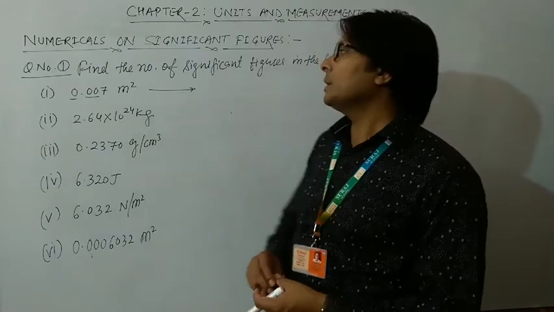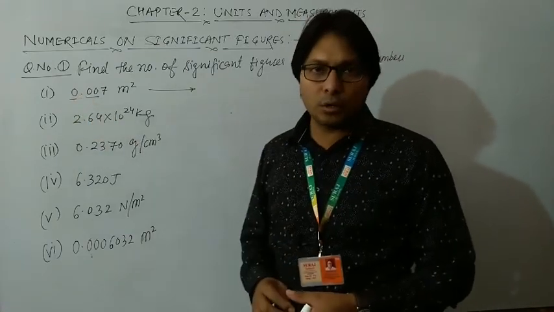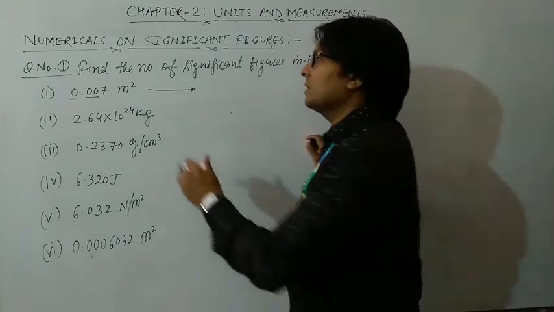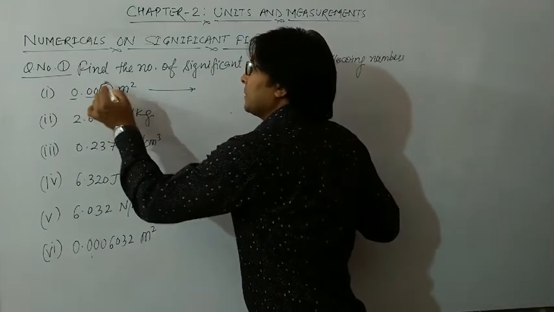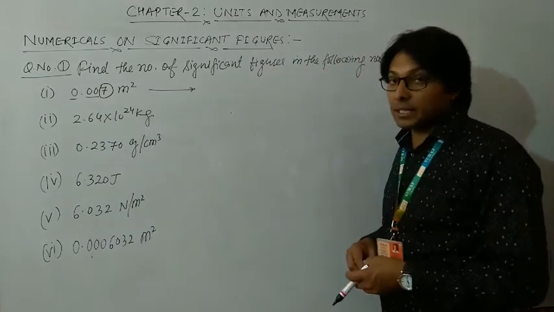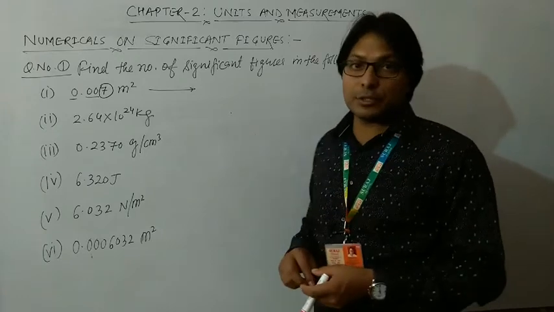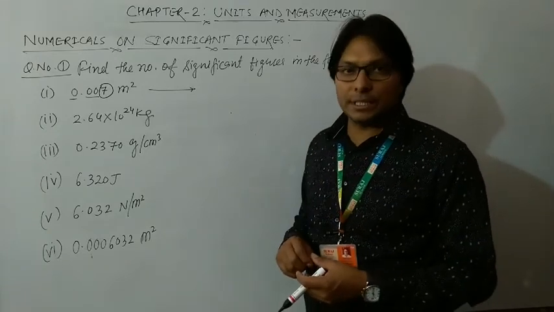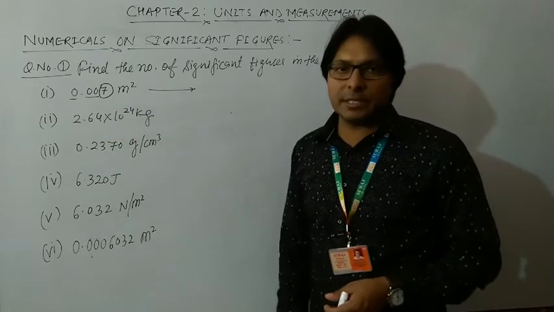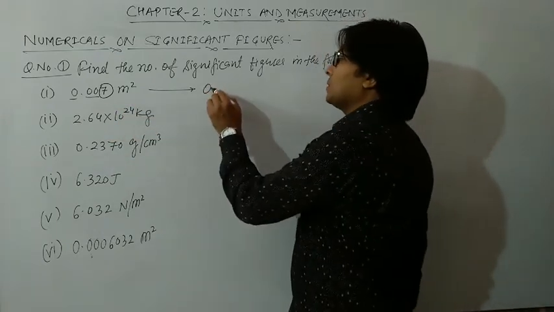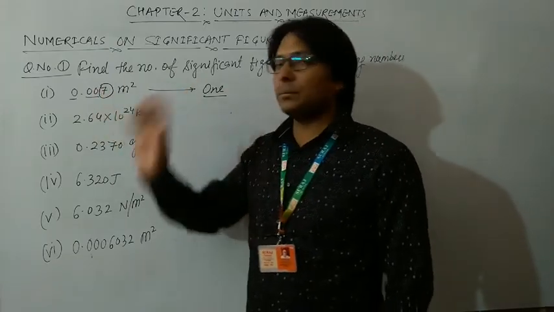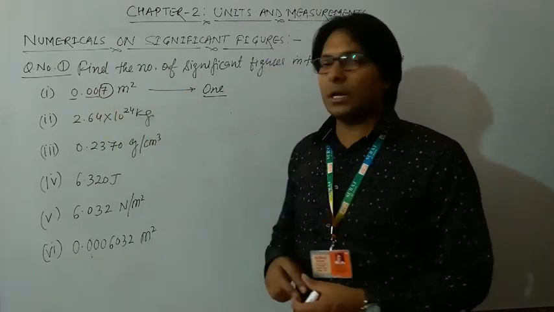Therefore these three zeros are insignificant, and the significant figure is only 7, because non-zero digits are always significant. This is the very first rule which we have discussed in the rules of finding out significant figures. So how many significant figures are there? You will say 1.